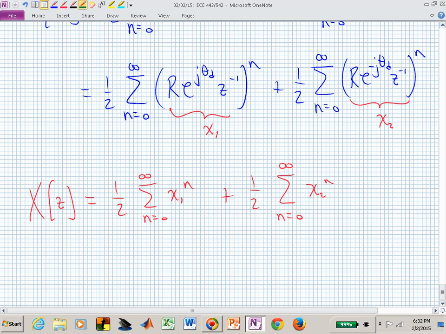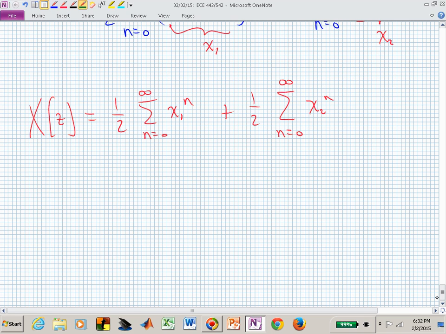The first one is that, right? x1 is just the geometric factor that changes with each of these terms in our infinite sum. If I give you that answer, I hope you can write down the second one.